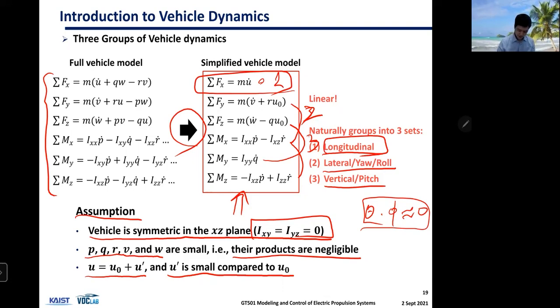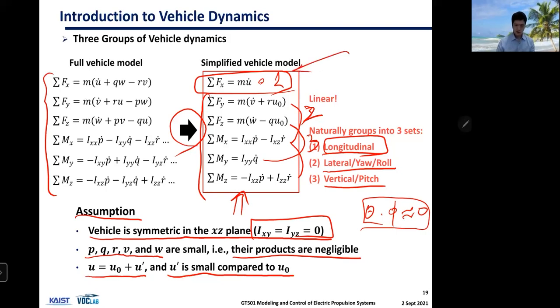So I just wanted to show general vehicle dynamics equations of motion and how those are derived, but rather than just showing you this equation, okay?